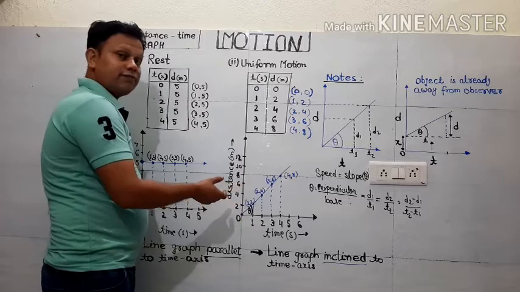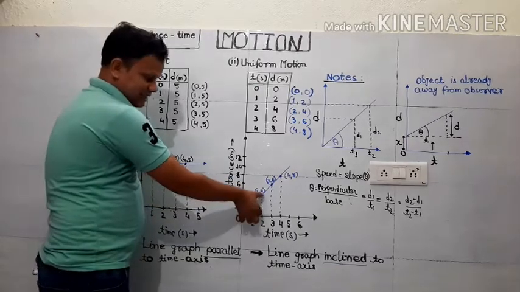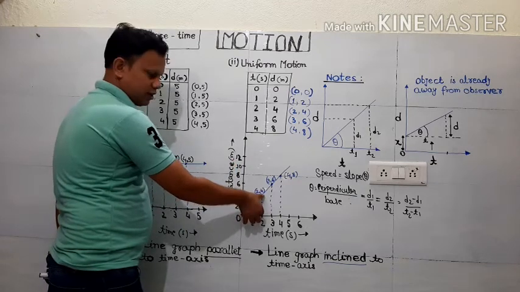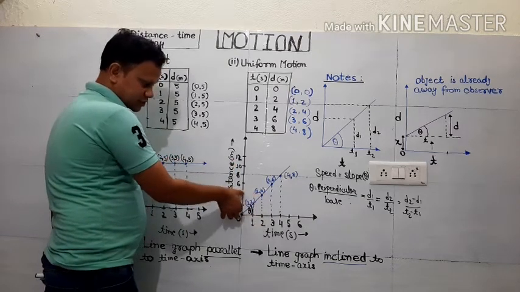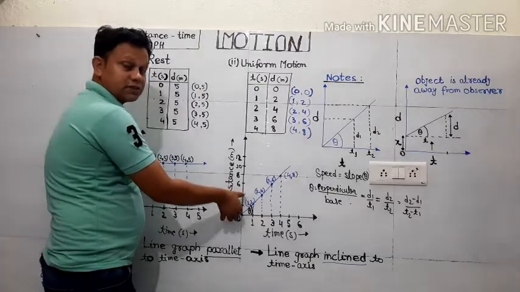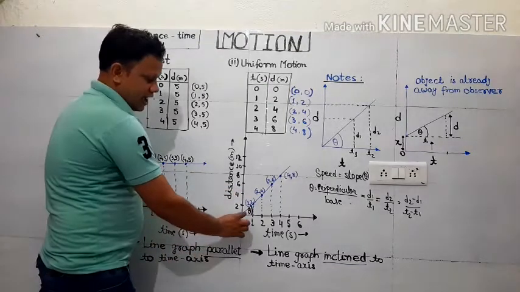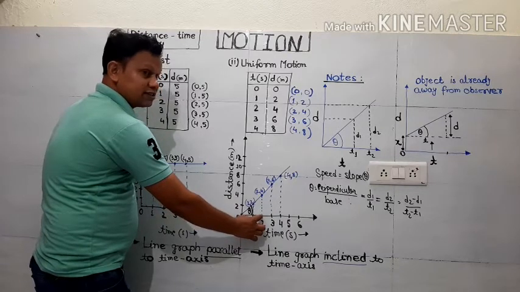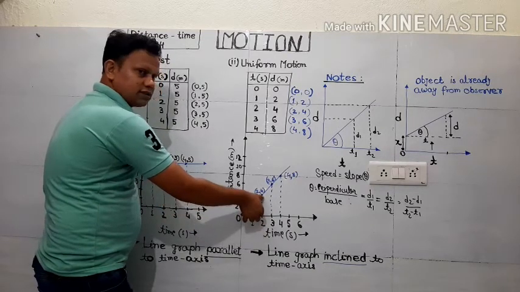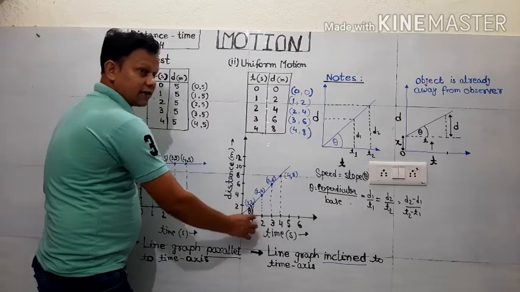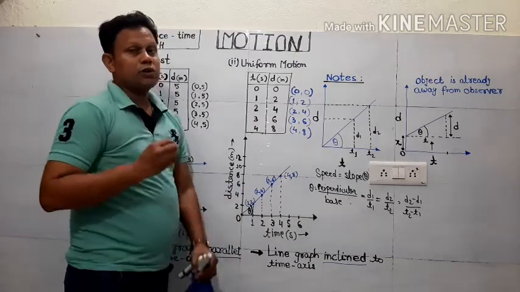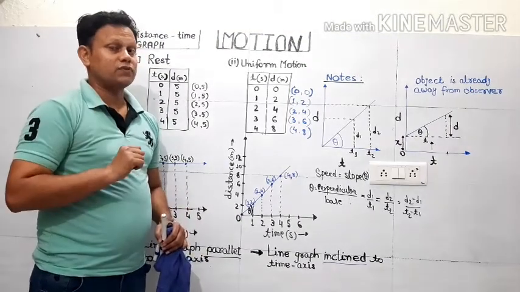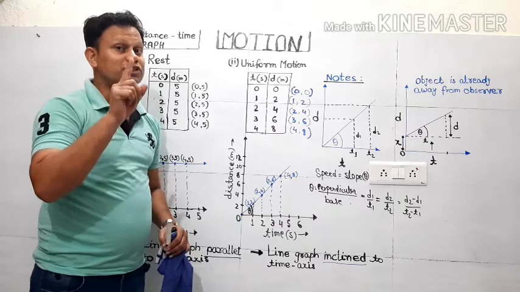If we take this length, or this length, you can take anywhere, this will show the perpendicular, but for us it is representing distance. And if we take the base, it will represent time. So perpendicular is distance and base is time. According to our knowledge of science, distance upon time gives the value of speed.